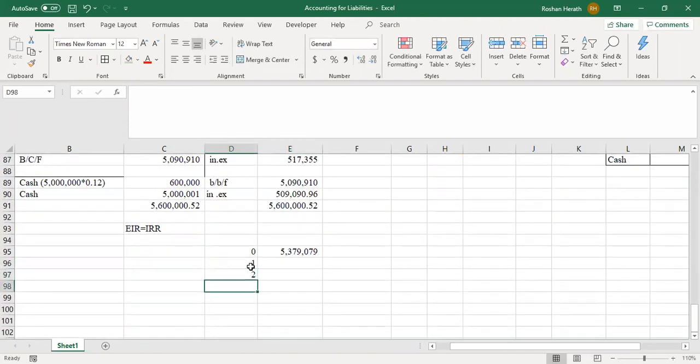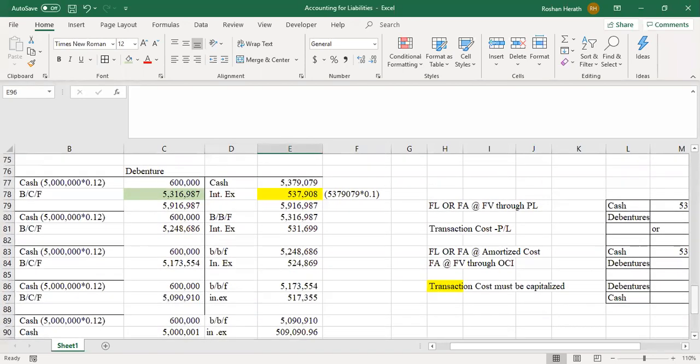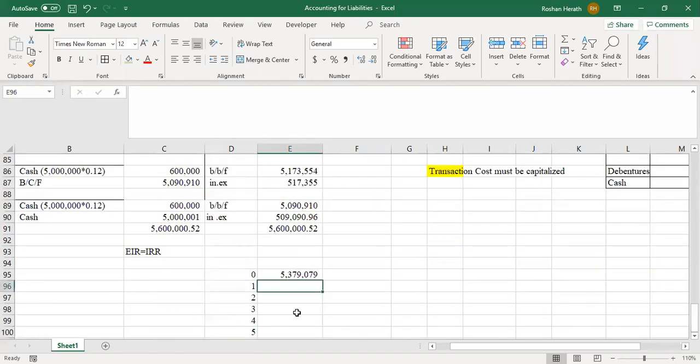Isn't it? We make payment for this particular instrument for 5 years. First year, how much? කීයක් ගෙවනවද ඇත්තටම? ලක්ෂ 6ක් ගෙවනවා නේ. That is the coupon.